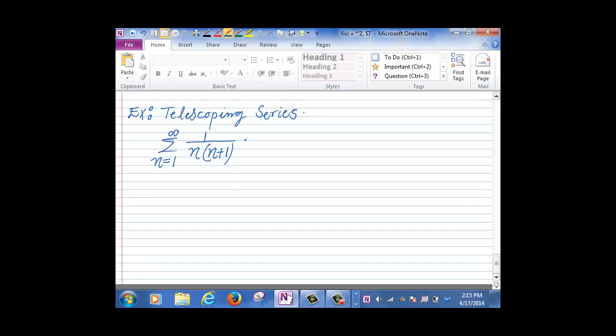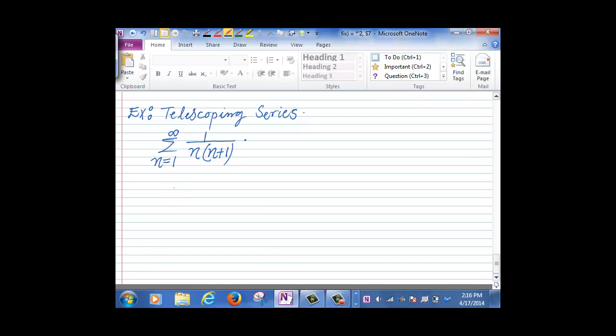And we know that that's the p series with p equals 2, and that's convergent. So you expect this to be convergent. But what I want to do here is find the exact sum of this series, okay? And we could do it in this case because it's a telescoping series.